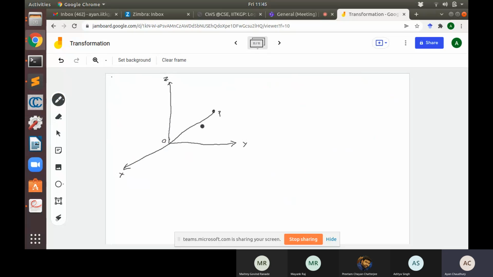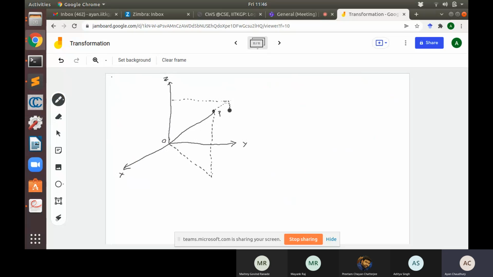Now project this onto the XY plane. If I project this, it will be something like this. Also take a projection like this one.